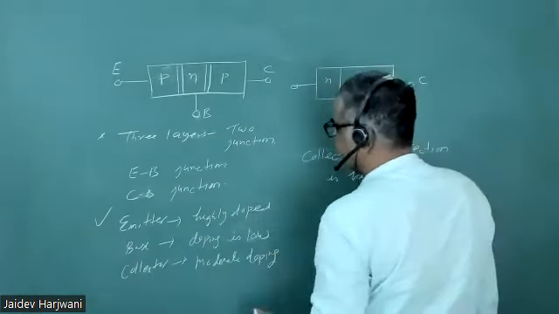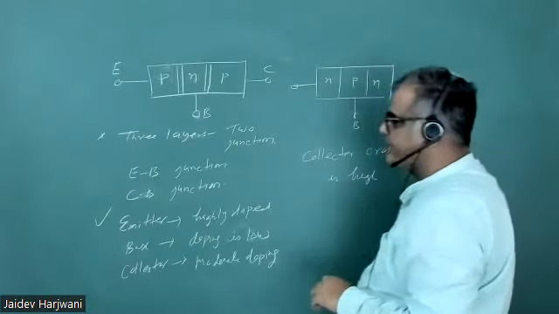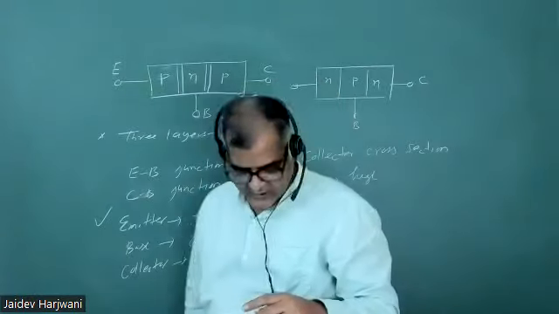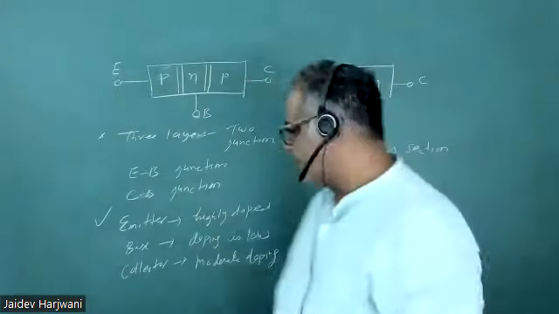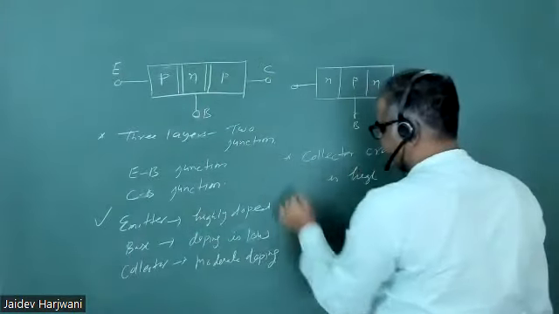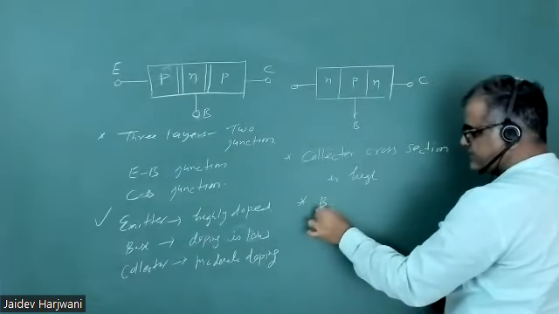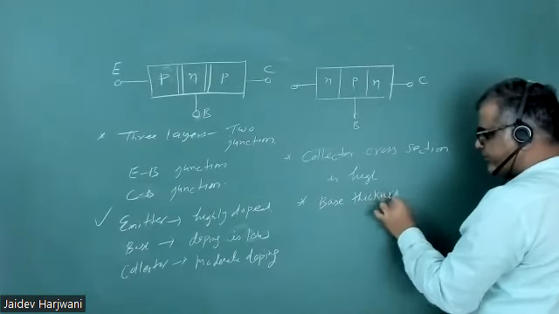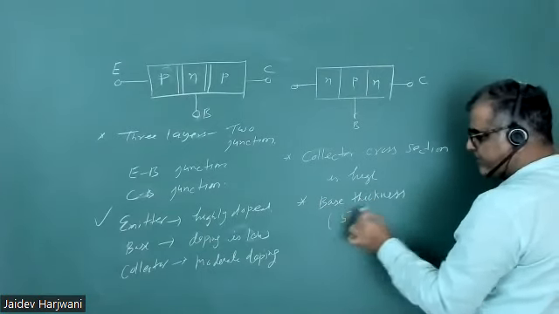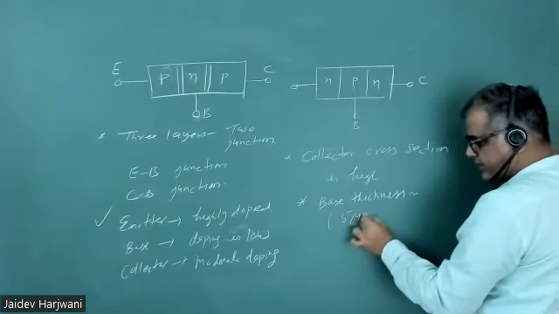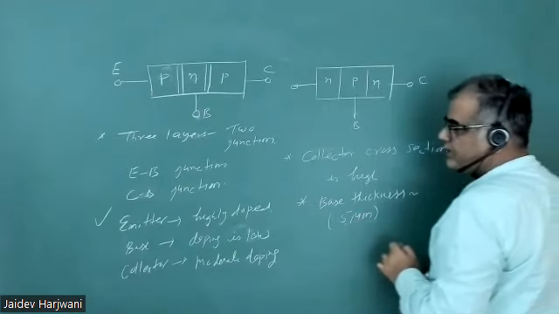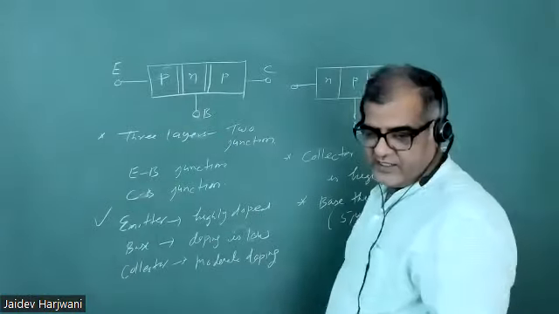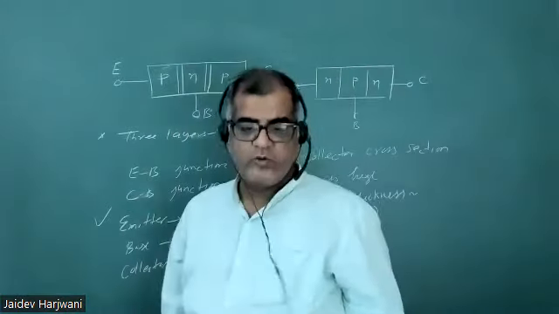Now this is basically the design. The most important parameter in this design is the thickness of the base. The base thickness is only 5 micrometer. This is a very important thing because this is what differentiates this three layer transistor from two PN junctions.